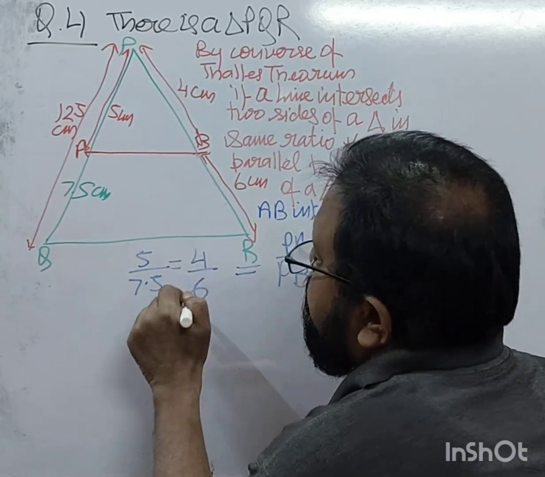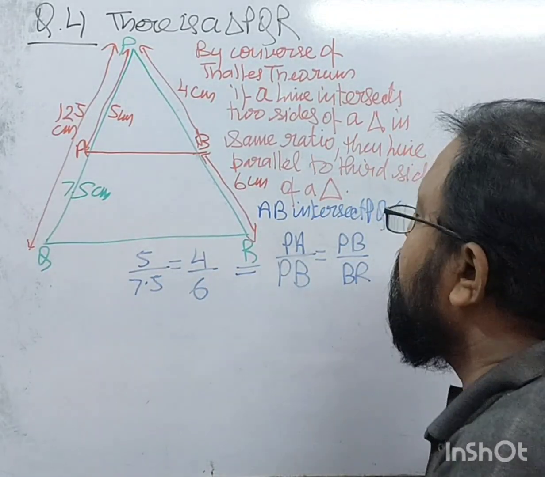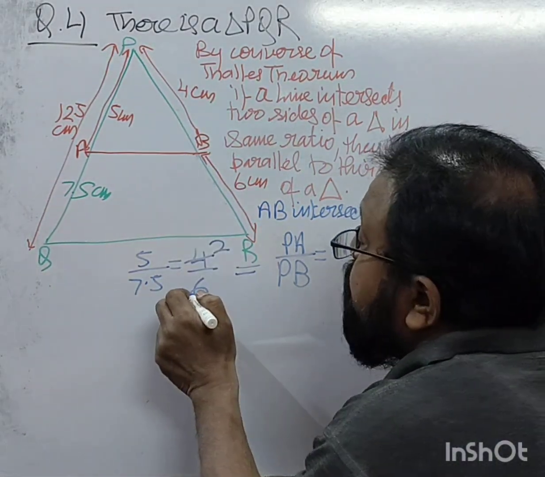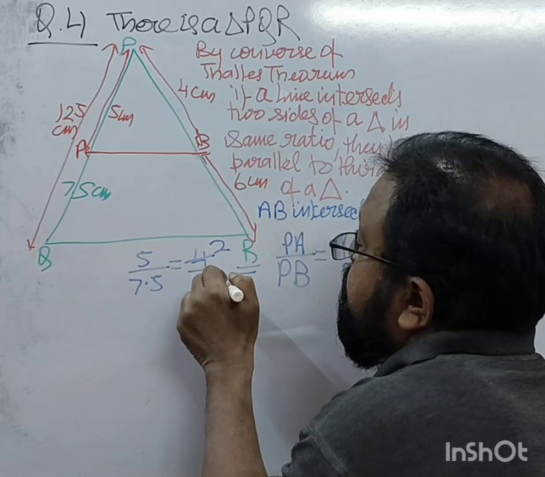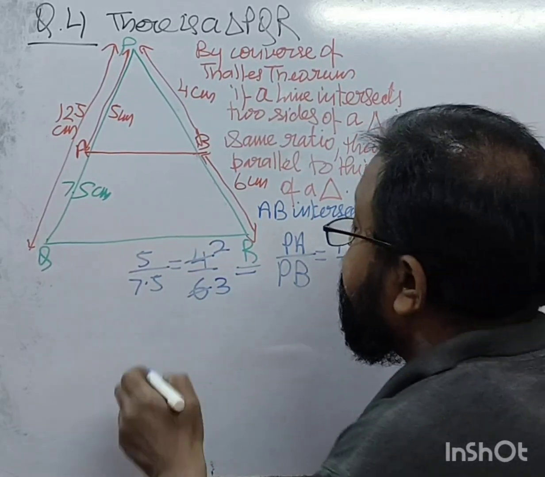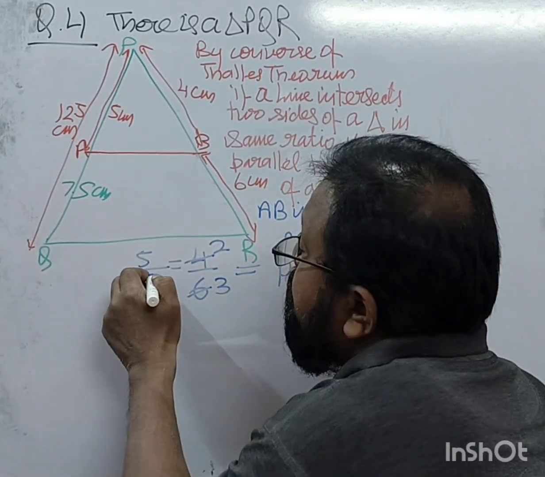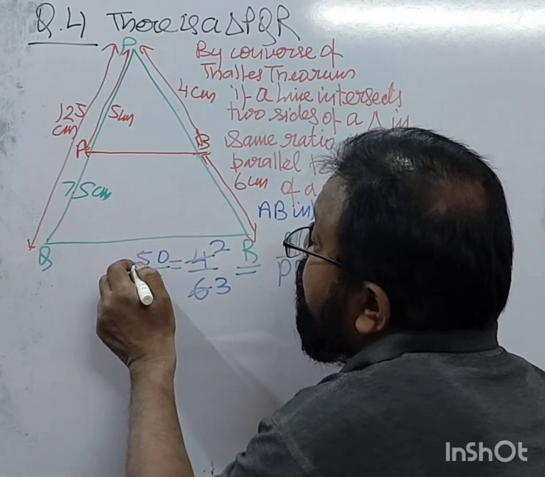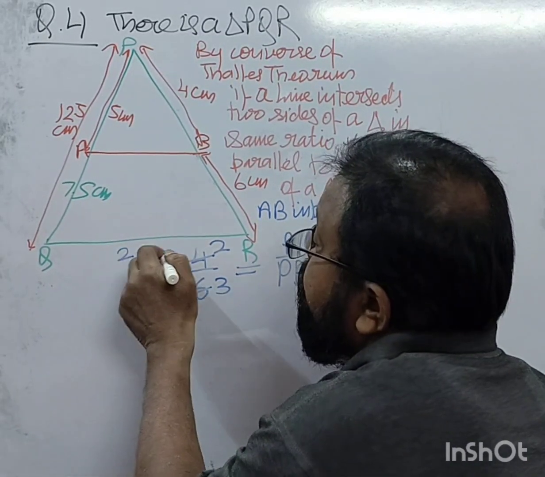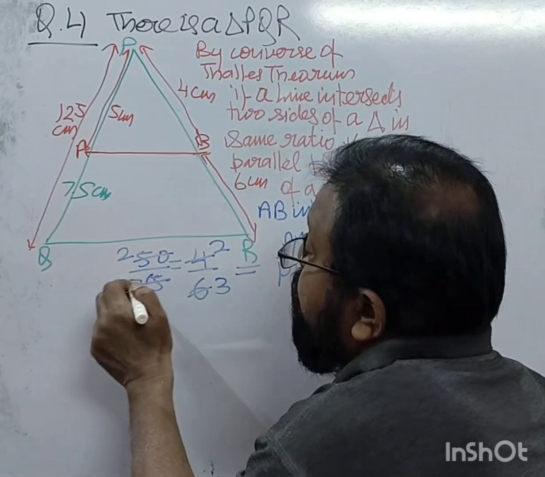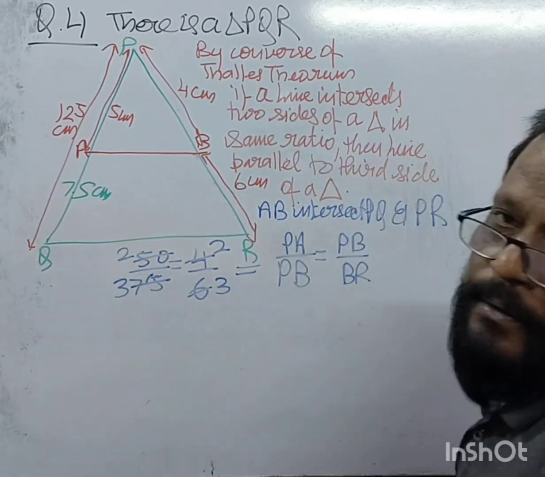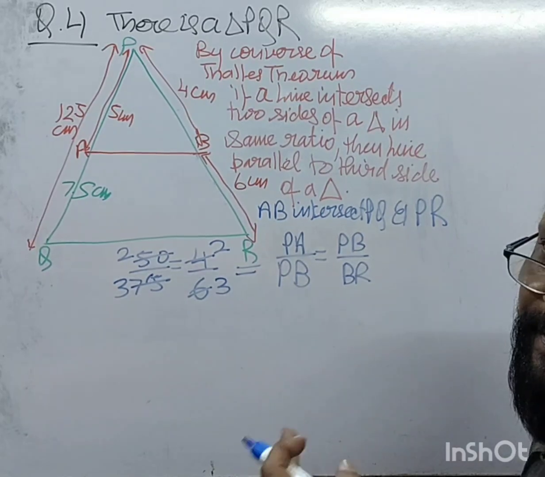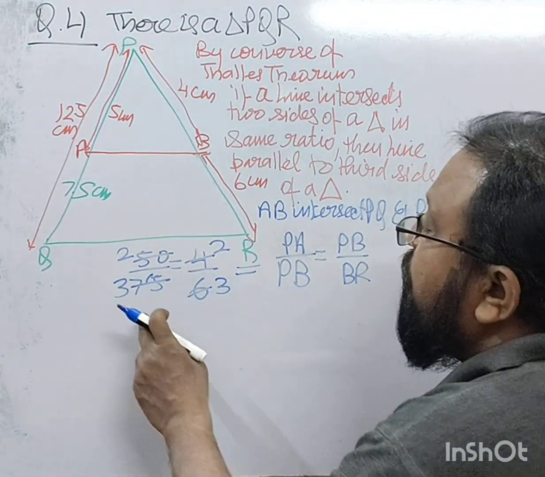Right? So 2 times 2 becomes 4 and 3 times 2 becomes 6. 2 by 3. If you remove the decimal from here, 2 times 25 becomes 50 and 3 times 25 becomes 75.